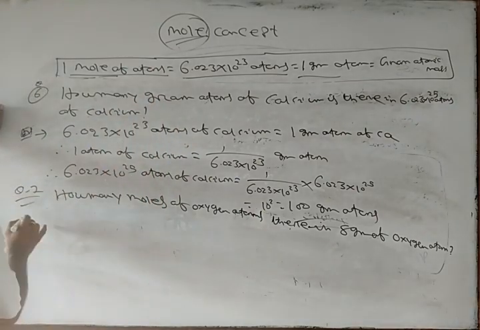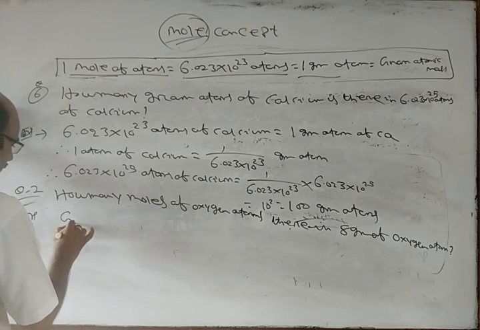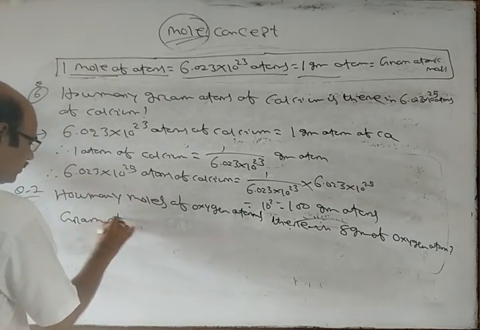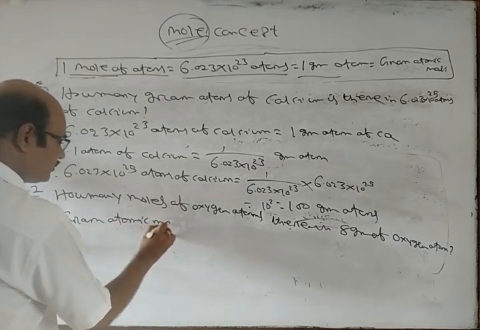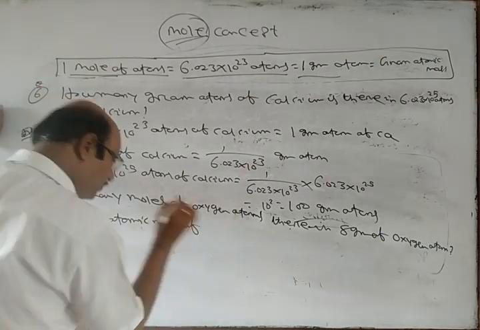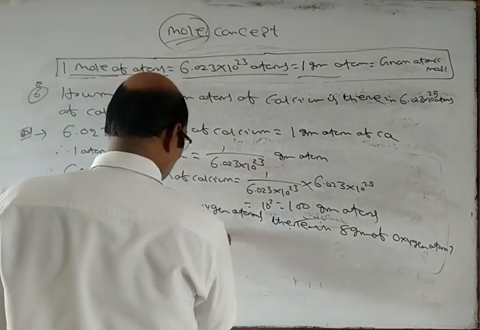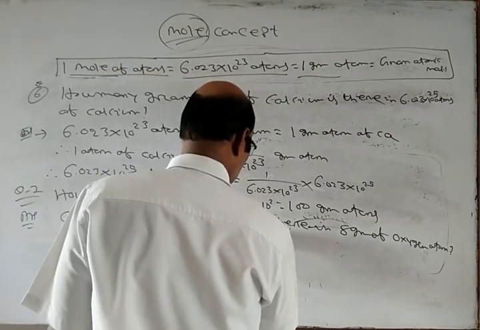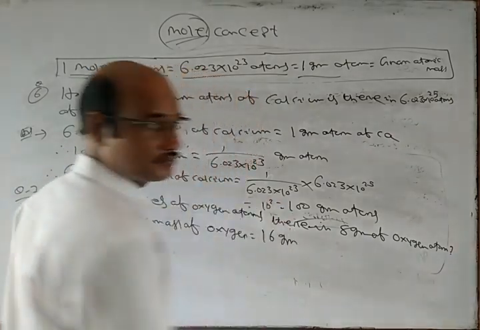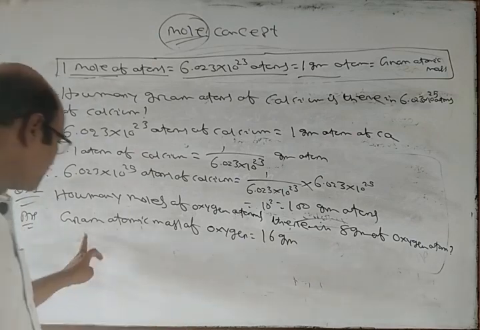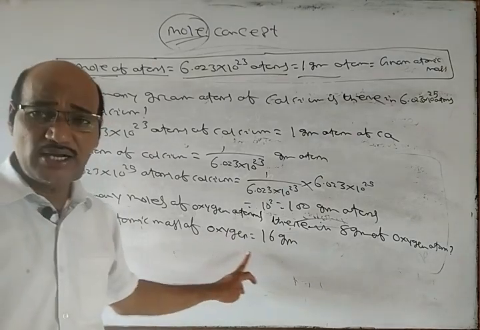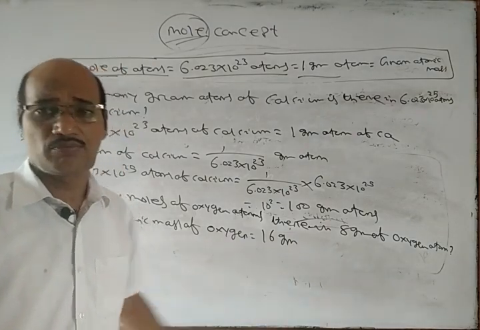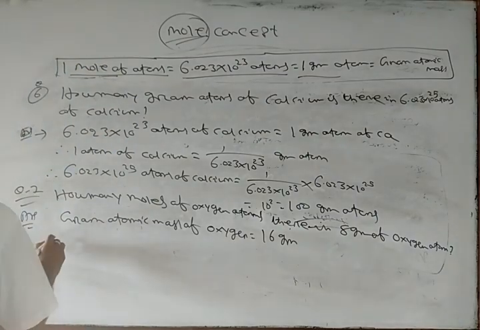So you know the gram atomic mass of oxygen is how many gram? 16 gram. You already know it. The gram atomic mass of oxygen is 16 gram.